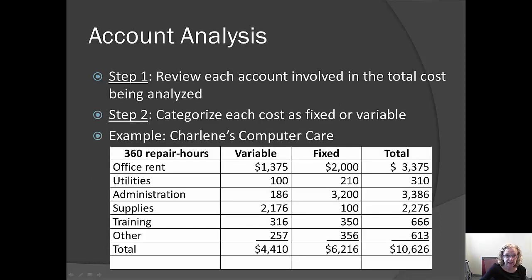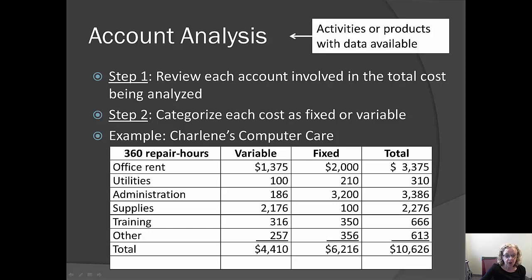Another way to estimate costs is to look into our accounting records. This is a good way to estimate costs if we already have data from the past. So, what are we going to do? First, we're going to look through our accounting records and identify all of the costs that are related to the thing that we're trying to understand.